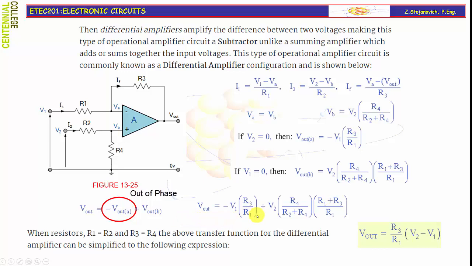So when we sum all those individual parts to find the overall output gain, it becomes a fairly complex transfer function. When resistors R1 and R2 are equal, and R3 and R4, you can simplify this complex expression, so it becomes the expression highlighted in yellow: R3 over R1 multiplied by the difference between the two input voltages V2 and V1.